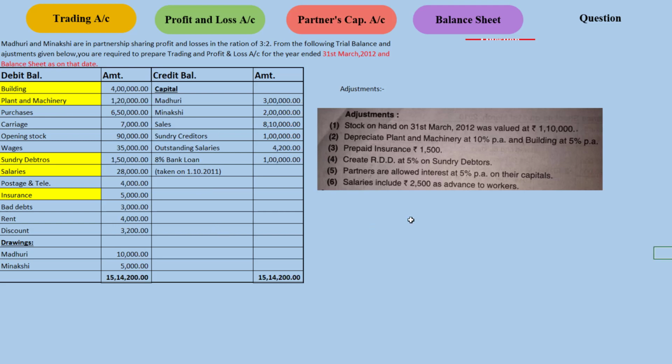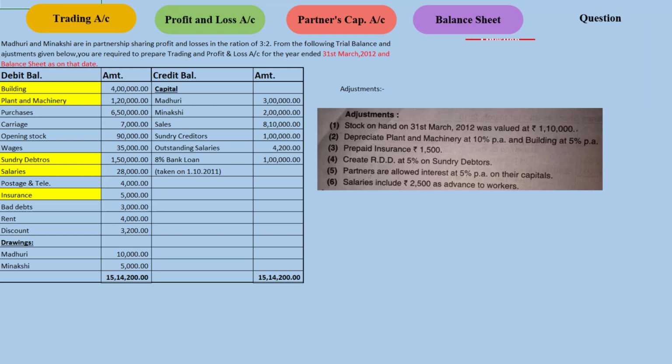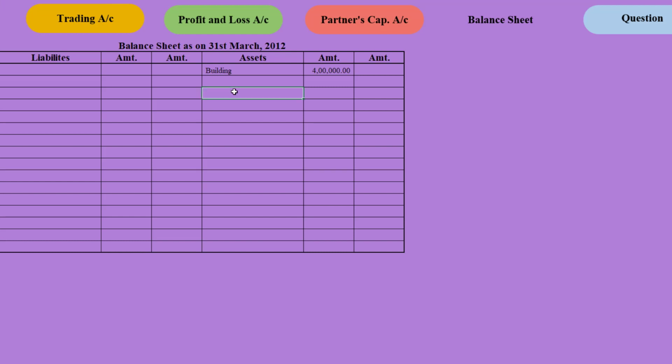First, building 4 lakhs. Plant and machinery 1,20,000.